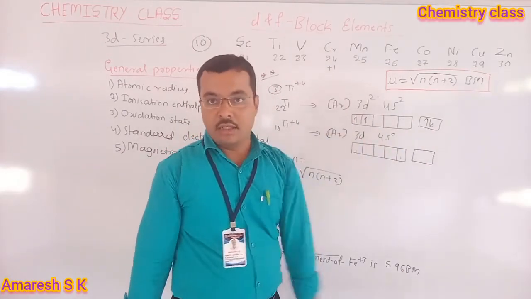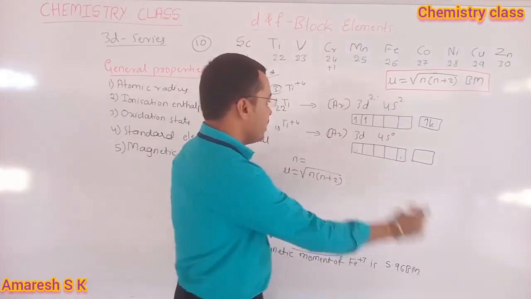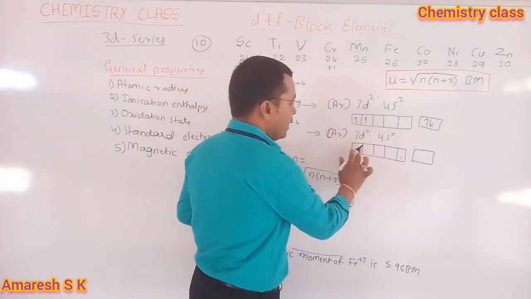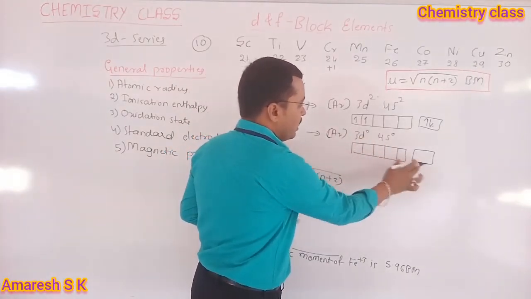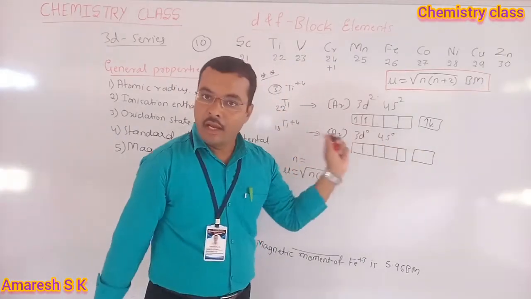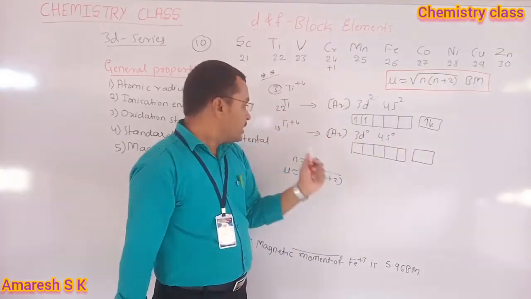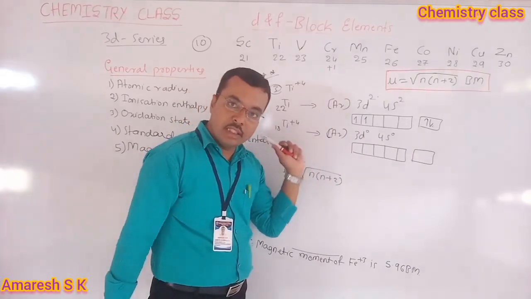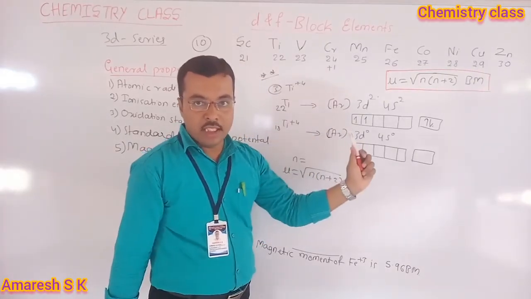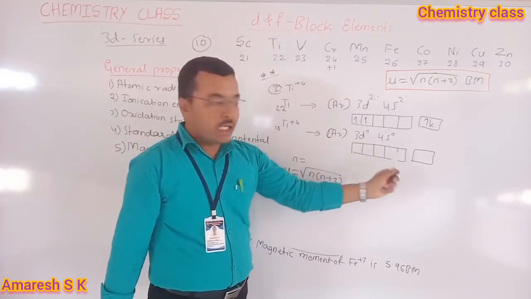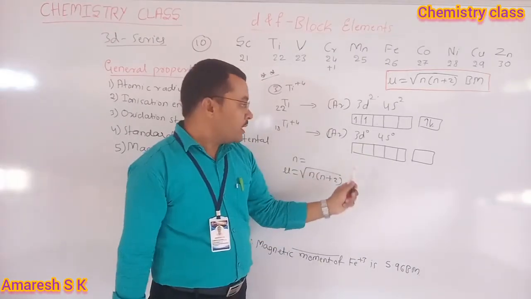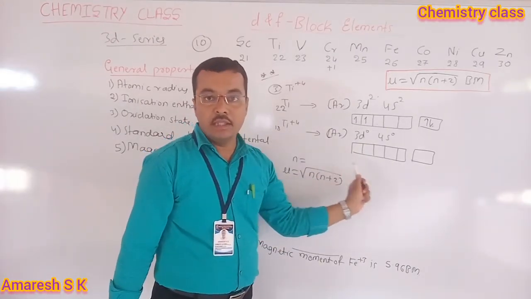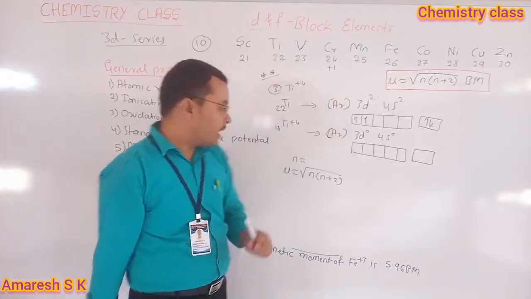These 4 electrons undergo ionization. At that time there will be 0, it means there are no electrons in the outermost shell. At the Ti plus 4 stage there are completely 0 electrons in the valence shell.